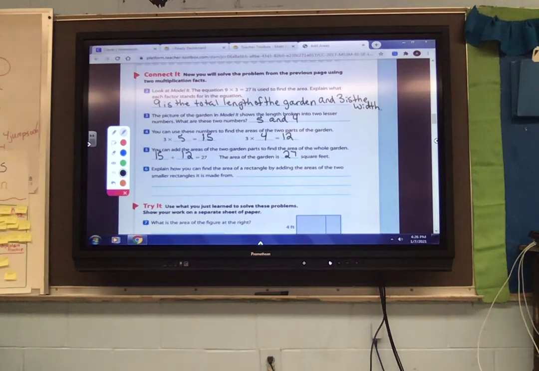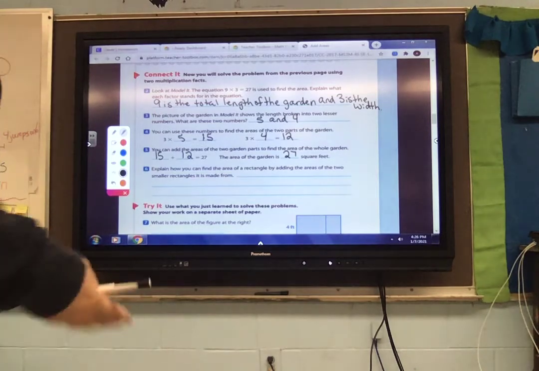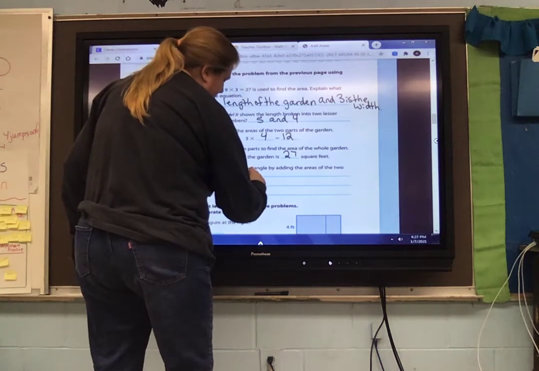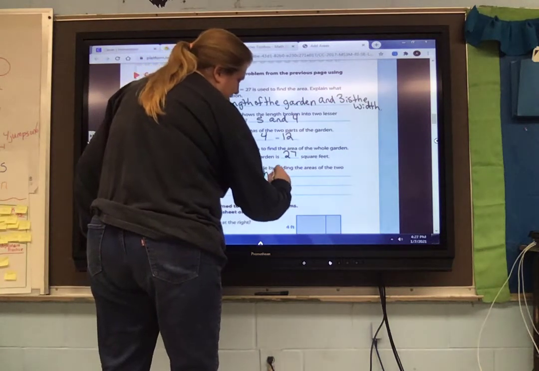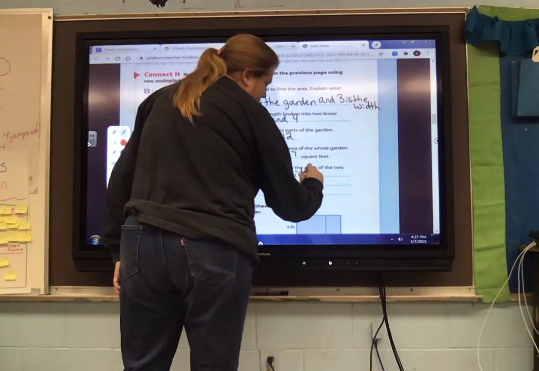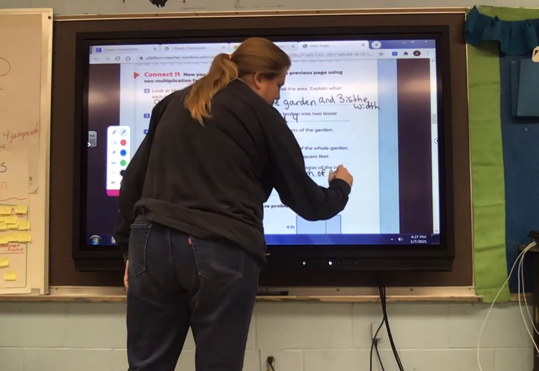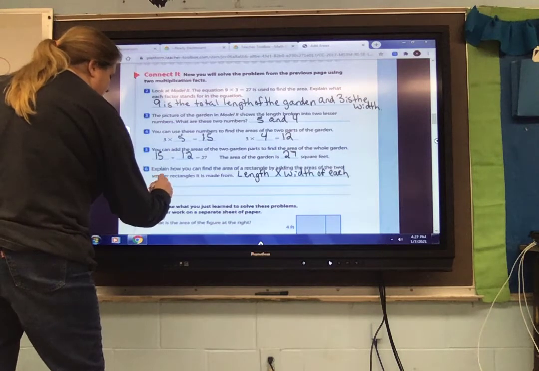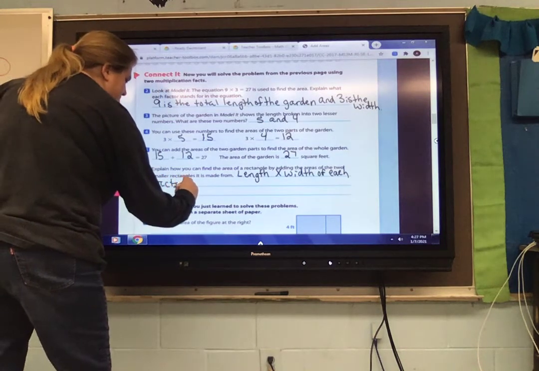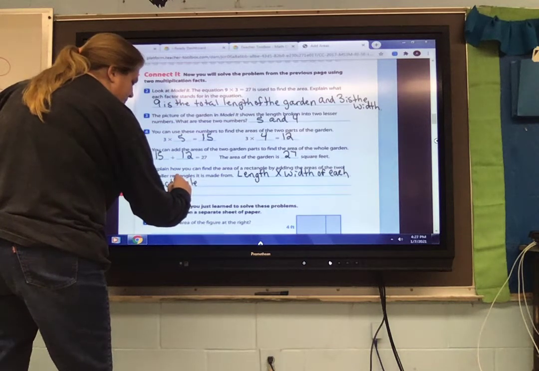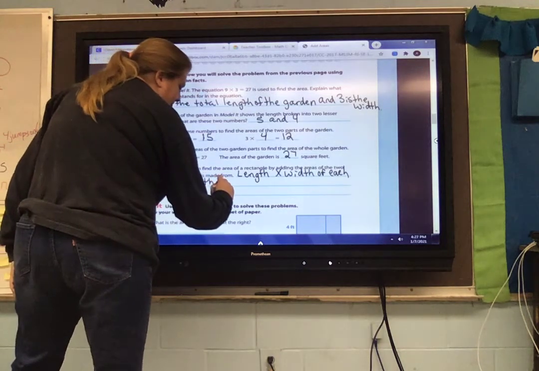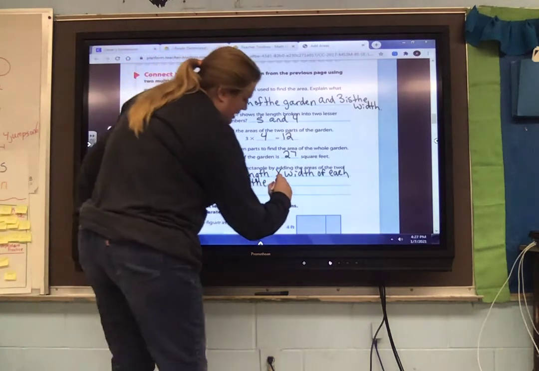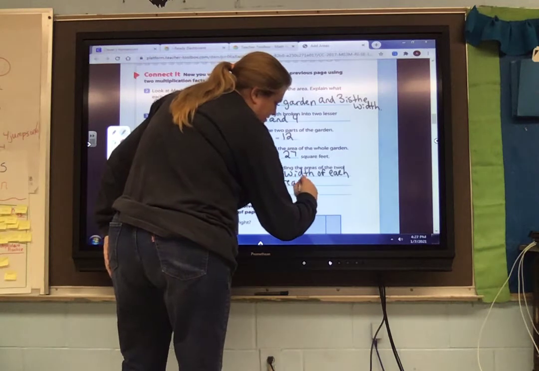Well, simply you do length times width of each rectangle, then add the areas together.